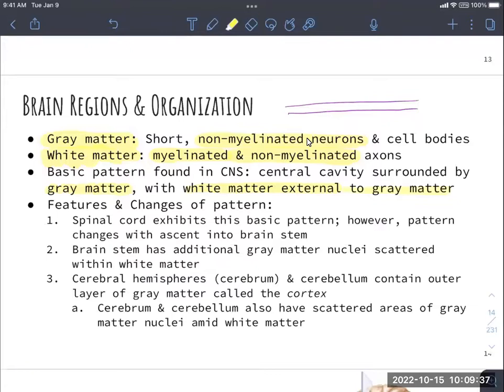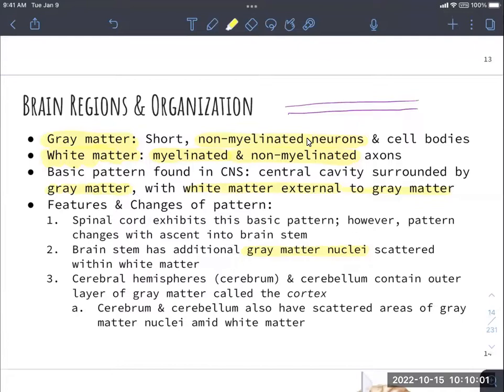The brainstem has more gray matter because they have specific nuclei. Nuclei are certain parts of the brain or brainstem that do specific jobs. We'll look at some of those today when we look at the central nervous system, but we're not going to look at all of them. We'll look at some of them.